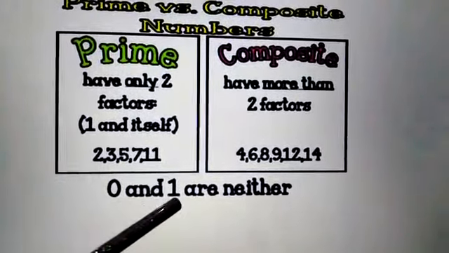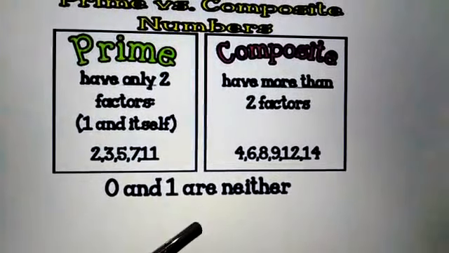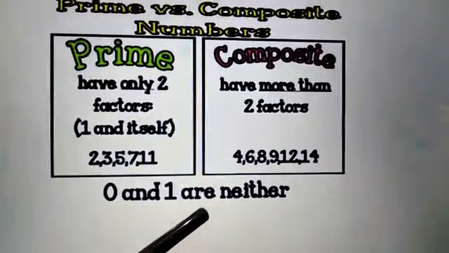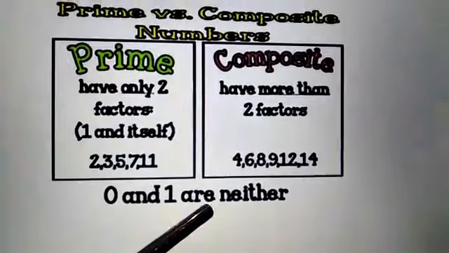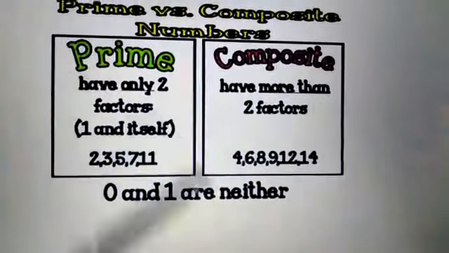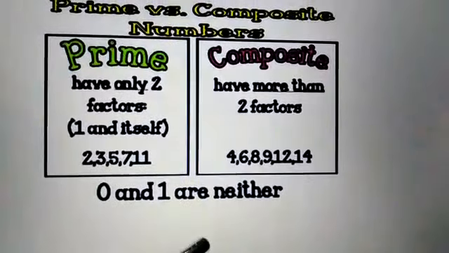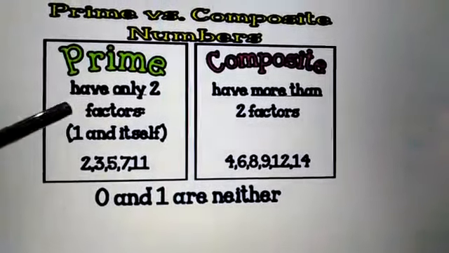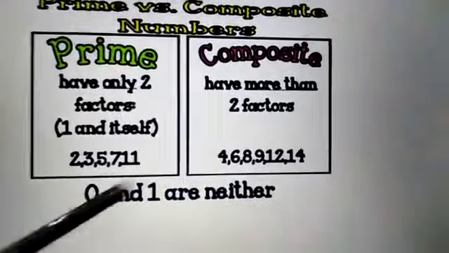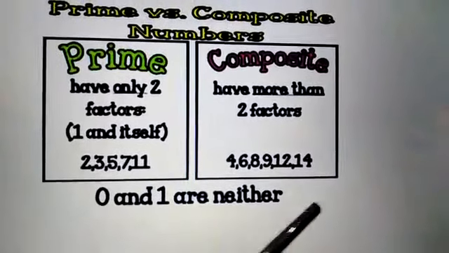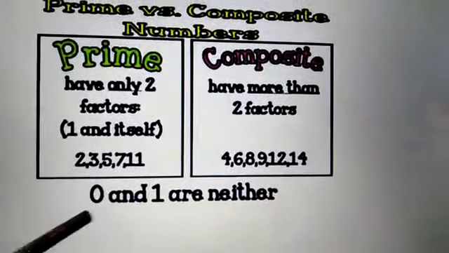So both numbers have only 1 factor, which is not relevant to prime or composite numbers. That's why both numbers are neither prime numbers nor composite numbers. This attention is very, very important.